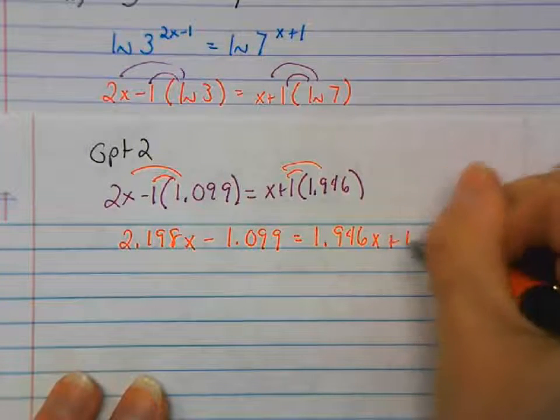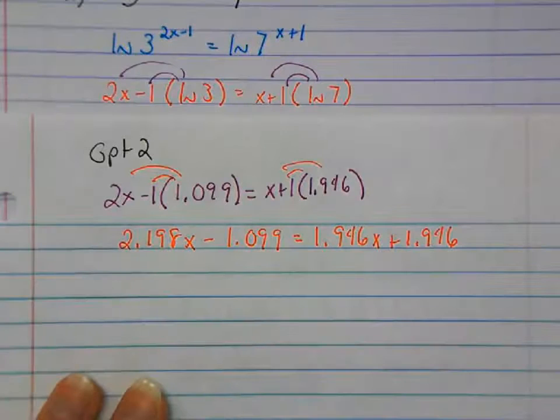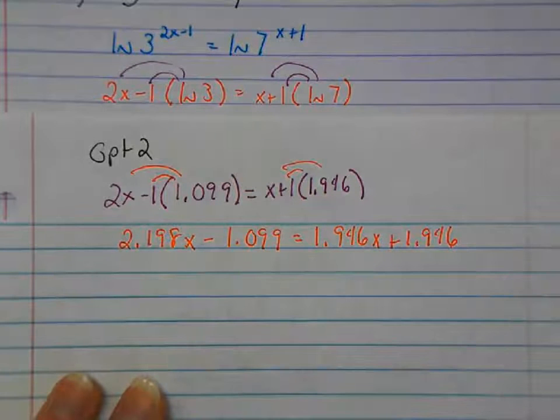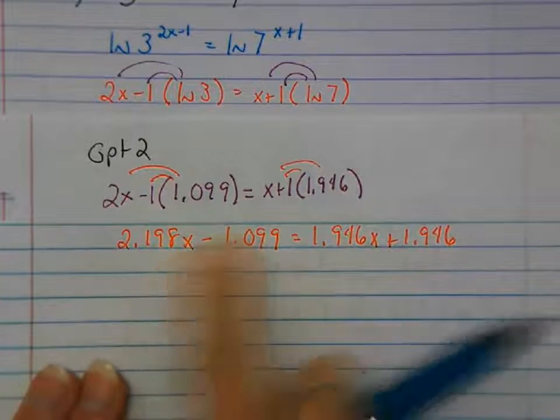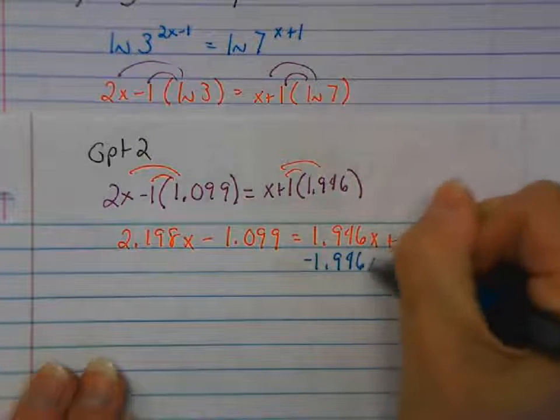Alright, this should look familiar. The decimals are awful, but it's no more than moving the x's over here and the numbers over here. So I'm going to subtract 1.946x. So these are gone.